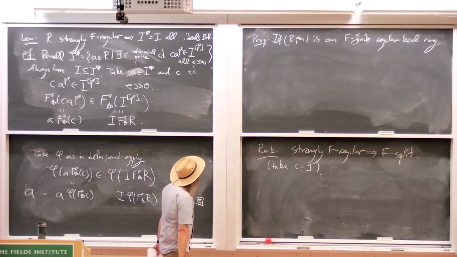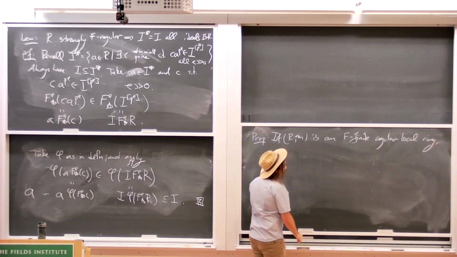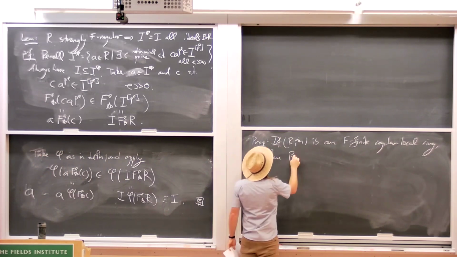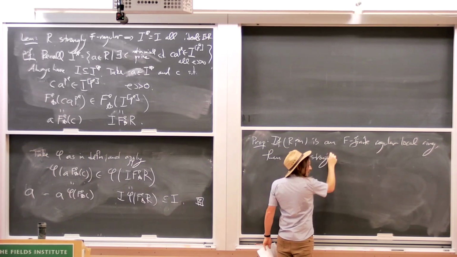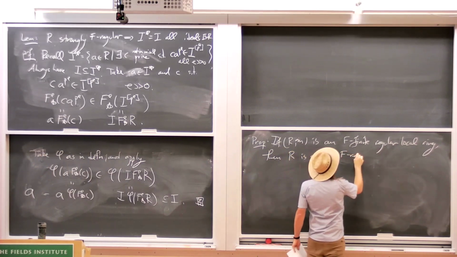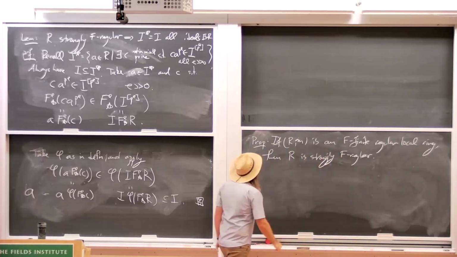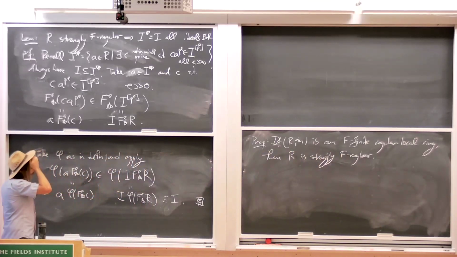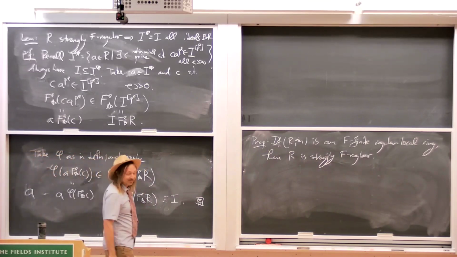Not in any prime at all. Okay. Good. So if R is an F-finite regular local ring, then R is strongly F regular, and in particular F split.